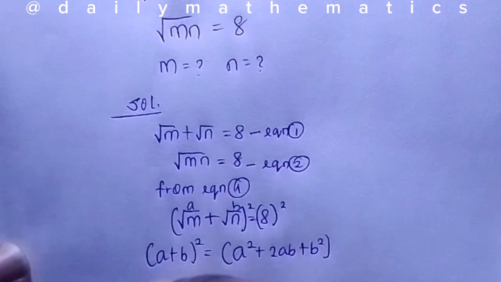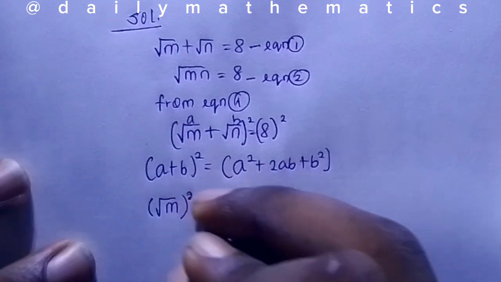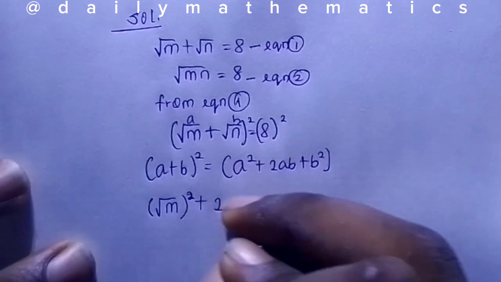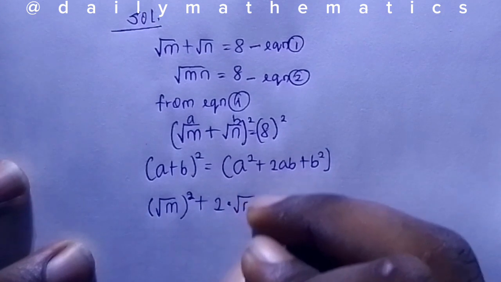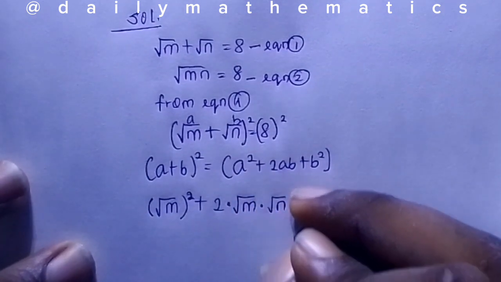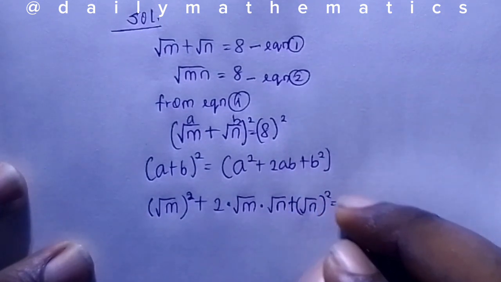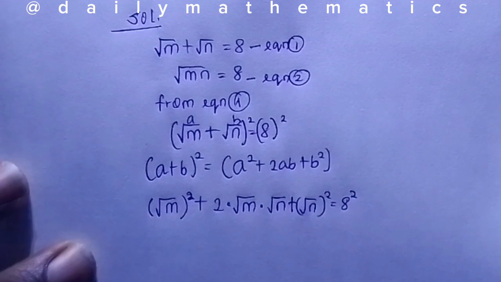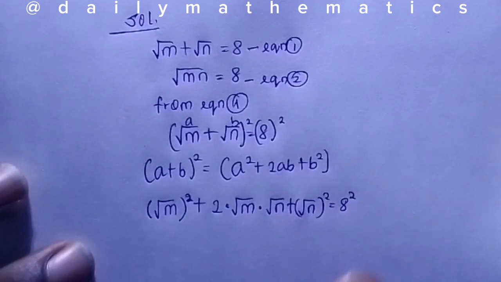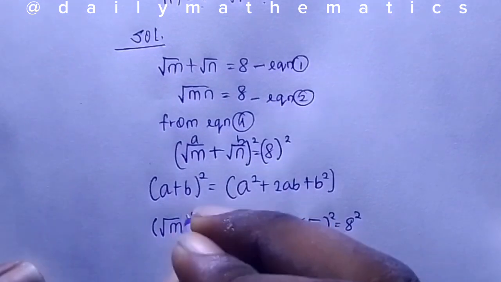It gives us (√m) squared plus 2 times √m times √n plus (√n) squared equals 8 squared, because this is also squared. The square cancels the square root.